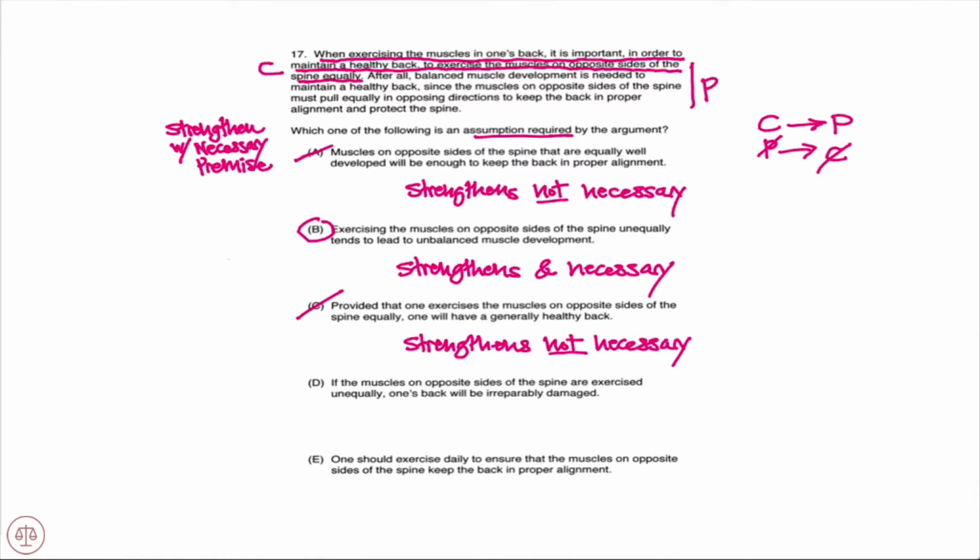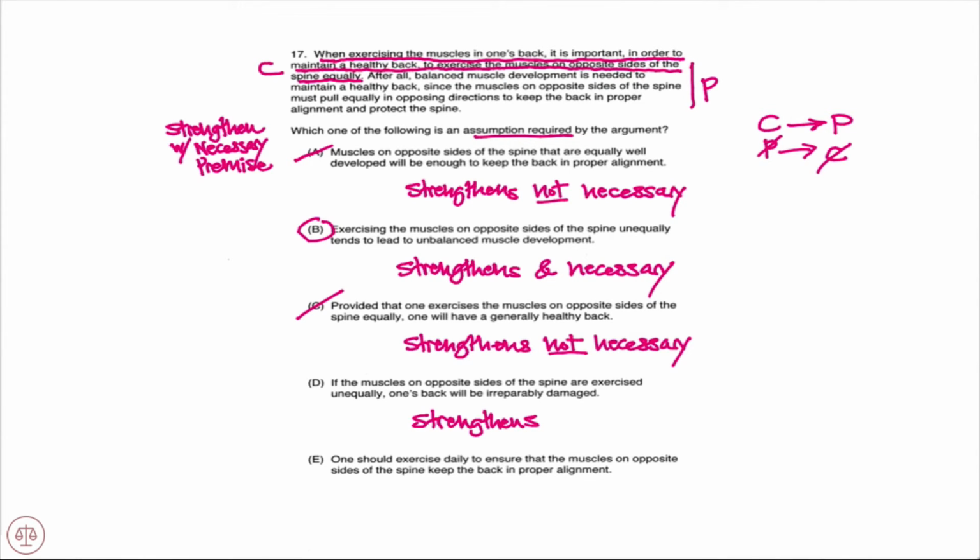Moving to D, if the muscles on opposite sides of the spine are exercised unequally, one's back will be irreparably damaged. And obviously that's going to strengthen this argument that in order to maintain a healthy back, you should exercise the muscles on opposite sides of the spine equally.